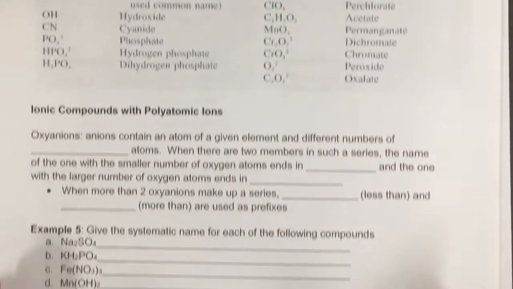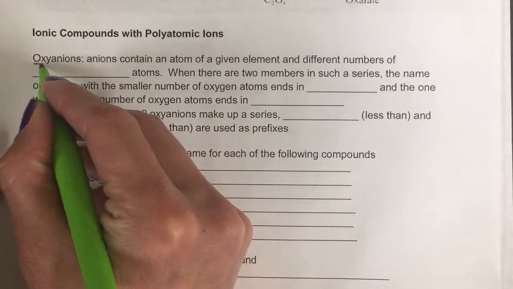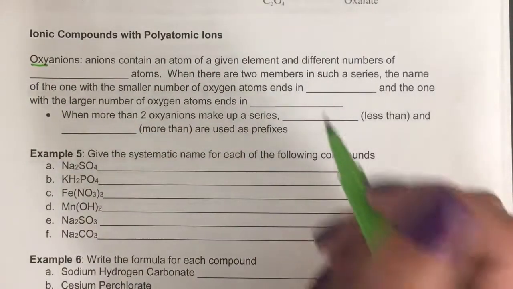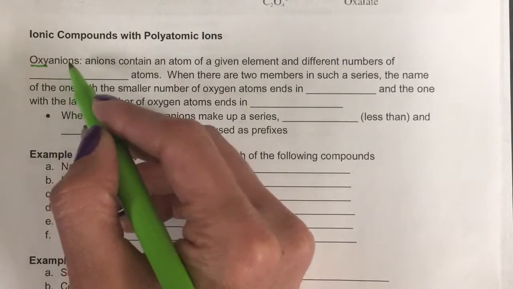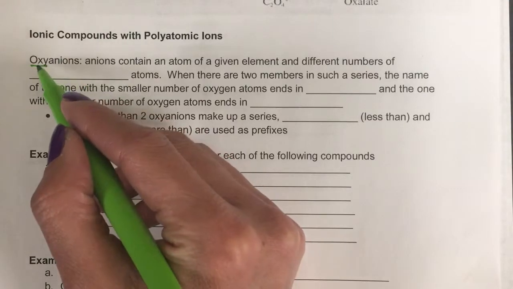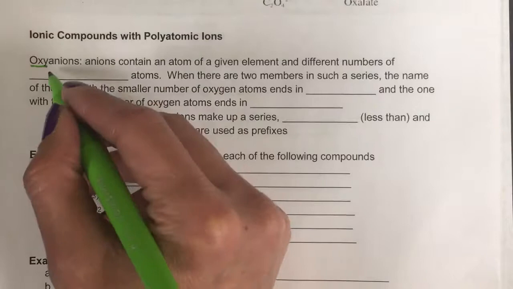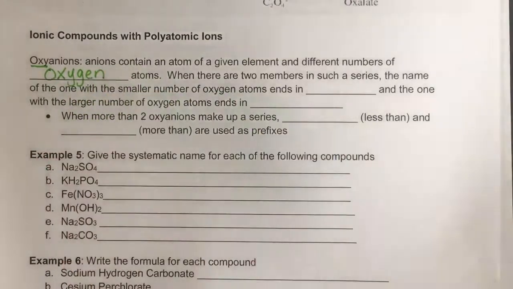So what a lot of polyatomic ions are is they're called oxyanions. So remember, an anion has a negative charge. So it's a group of atoms with a negative charge that contains oxygen. Okay? So oxyanions have different numbers of oxygen atoms. Now some of these form series.